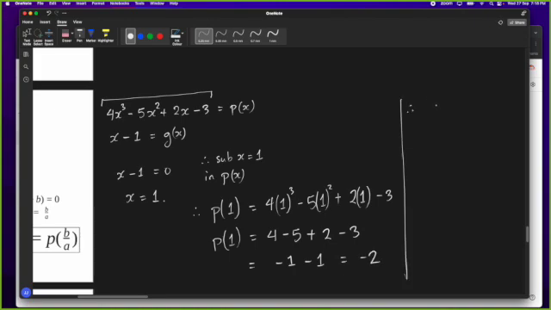If I take the p of x, which is this big long thing, and I divide it by x minus 1, I will get a remainder of negative 2. So negative 2 is the remainder. Therefore, x minus 1 is not a factor.